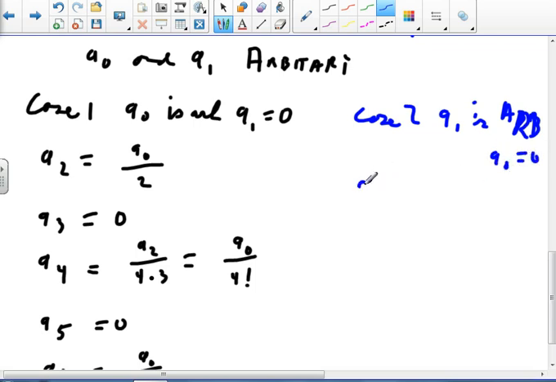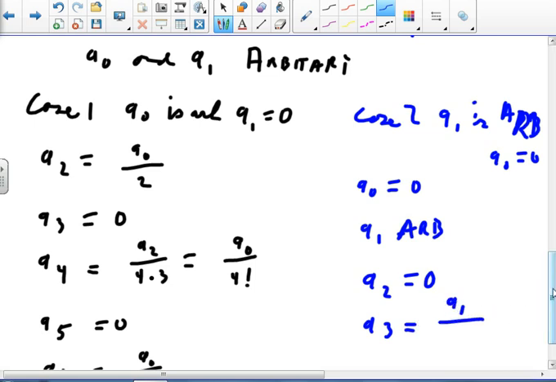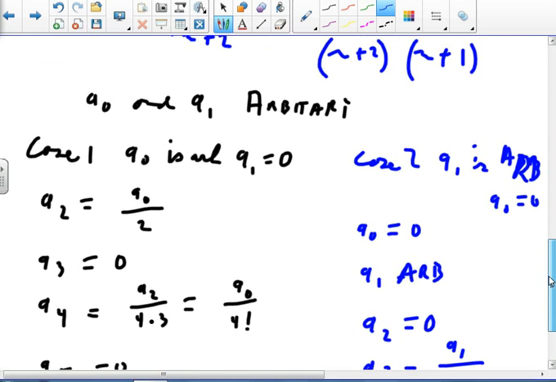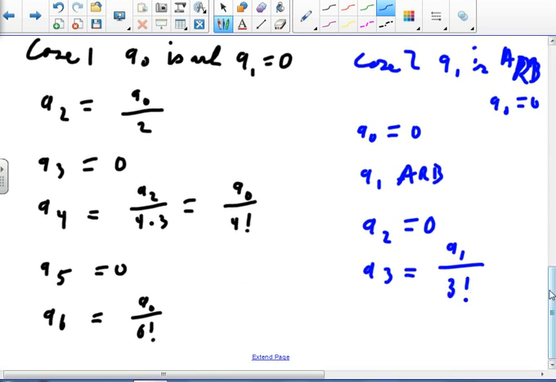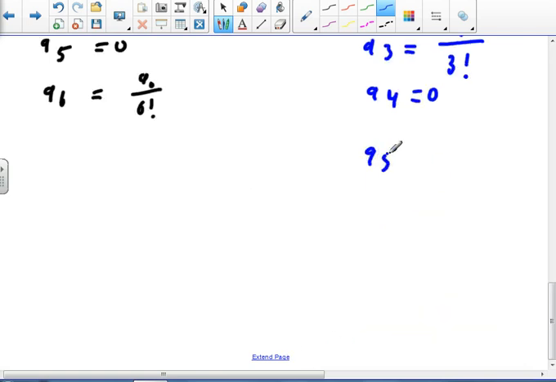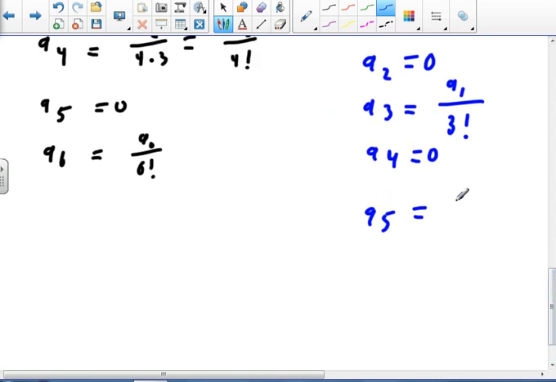So a2 is 0 because a0 is 0. a3 is going to be a1 divided by 3 times 2, 3 factorial. a4 is 0. a5 is going to be a1 divided by 5 factorial.